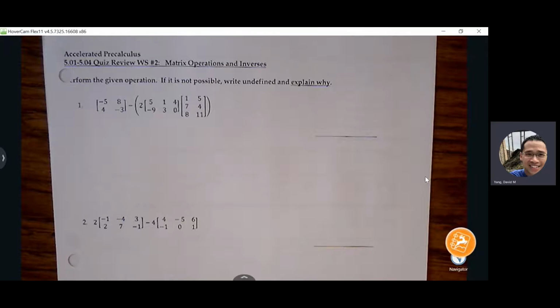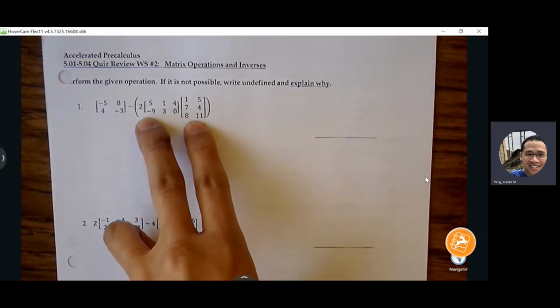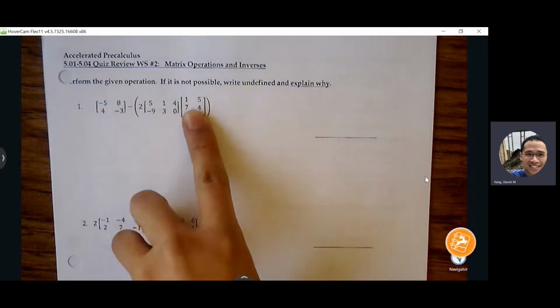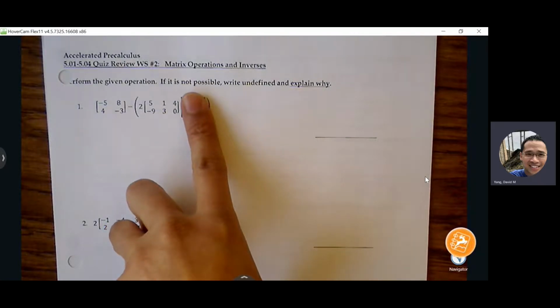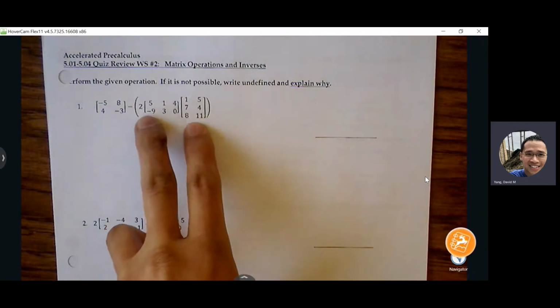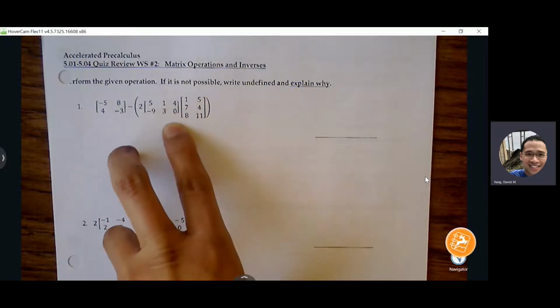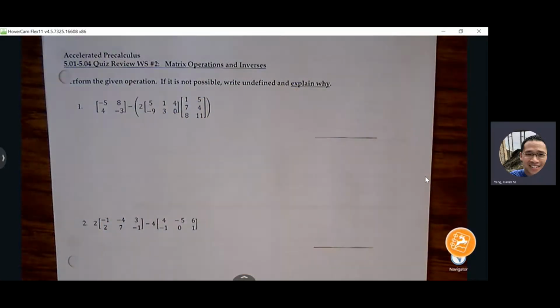Okay, so first things first, you're really just going to take care of the multiplication, right? So I would multiply the 2 through first, and then look at the dimensions and see if you can find a way to get your 2 matrices resolved there.